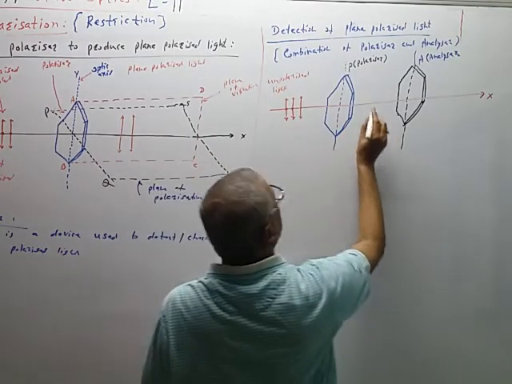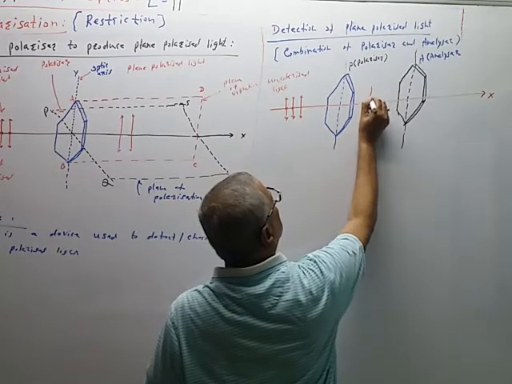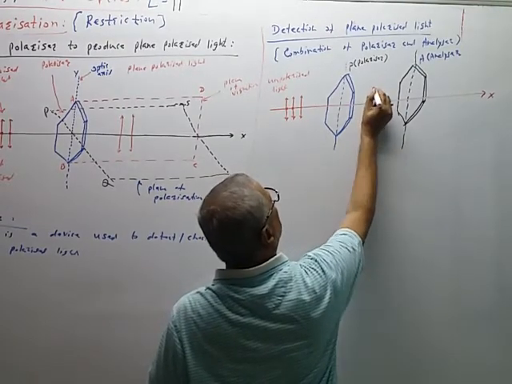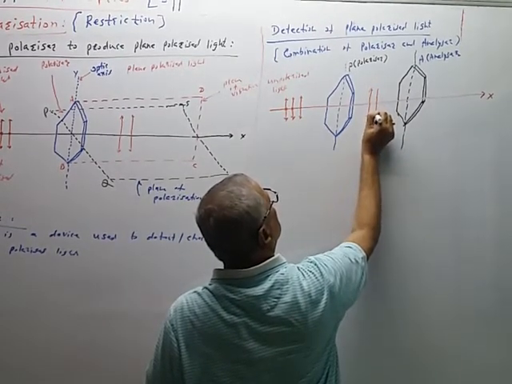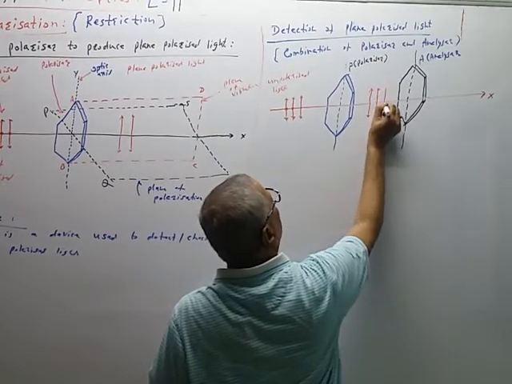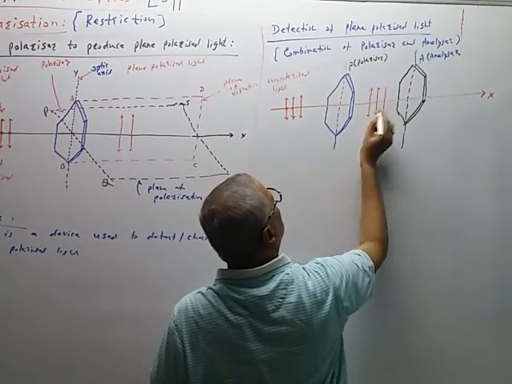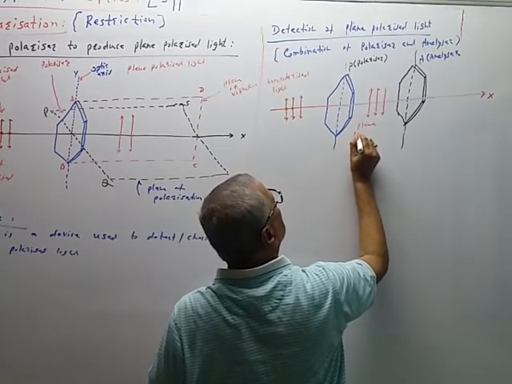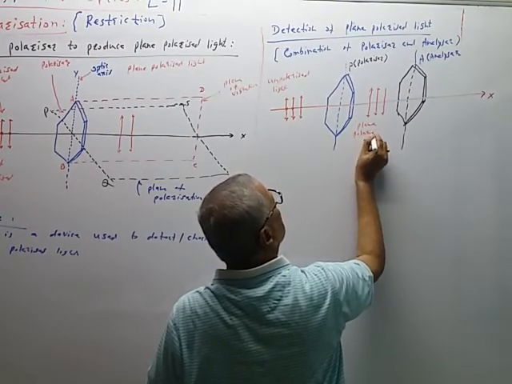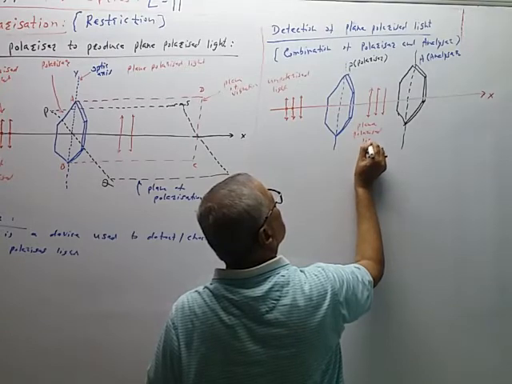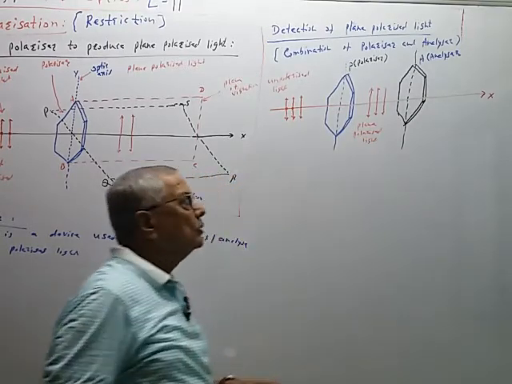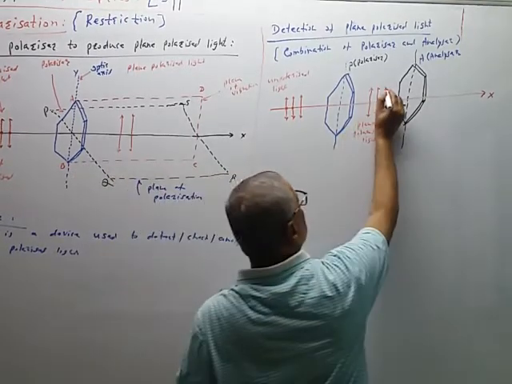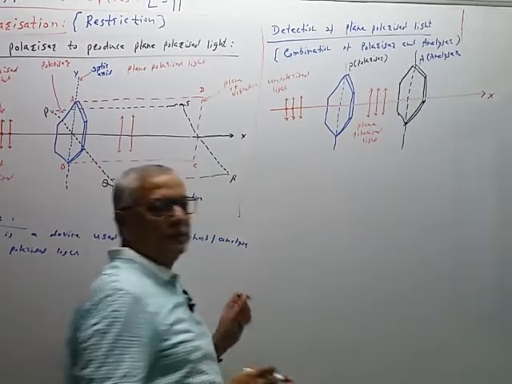This will be the plane polarized light, shown with no dot. And now this plane polarized light is incident on the analyzer crystal.